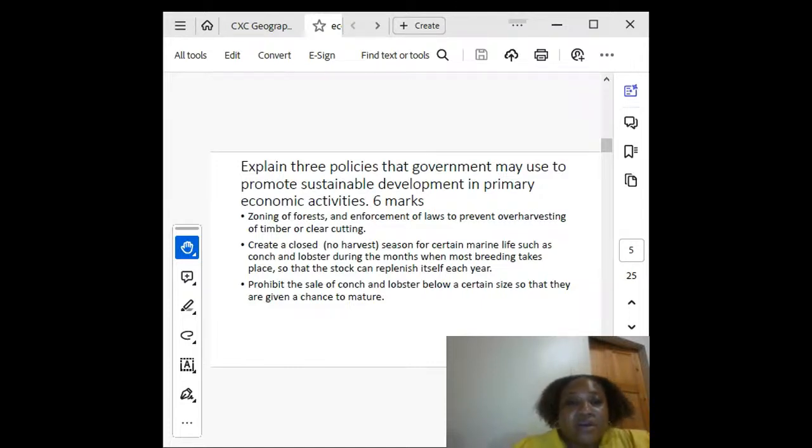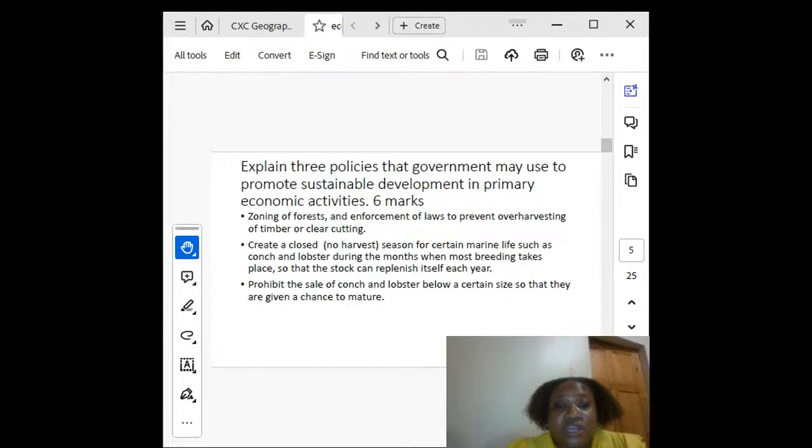So you have maybe the protection of certain types of trees or forested areas, like creating natural reserves or protected areas. Also enforcing the laws that will prevent over harvesting of the trees, or deforestation of the hillsides. So enforcement of the laws that are in place already, right?